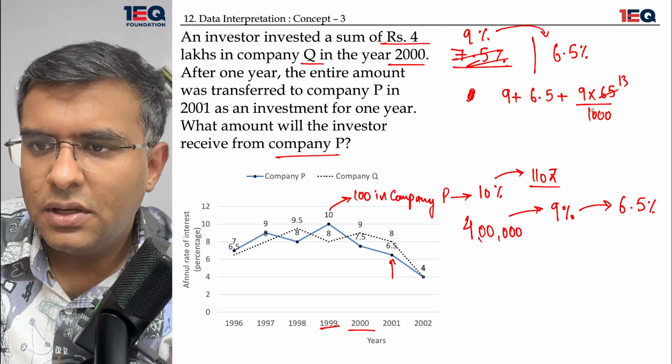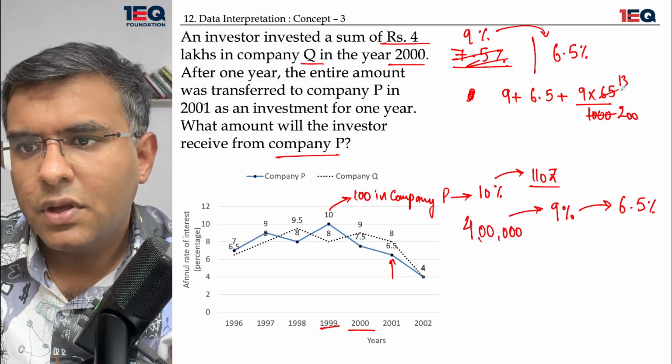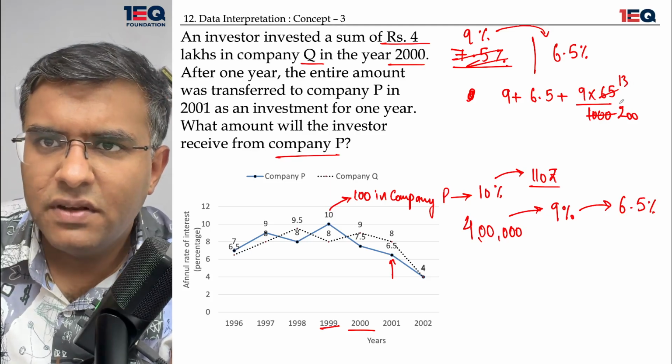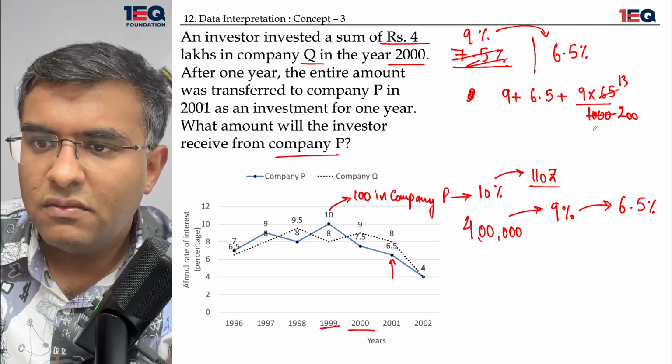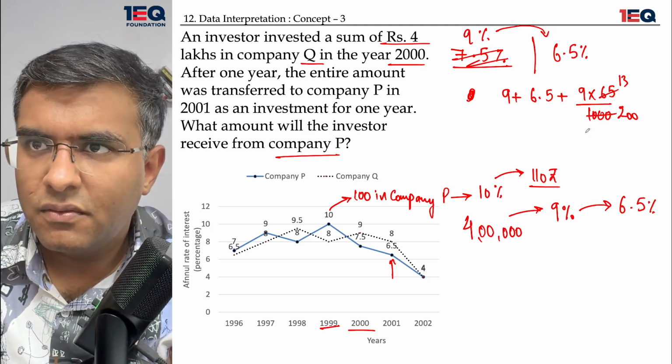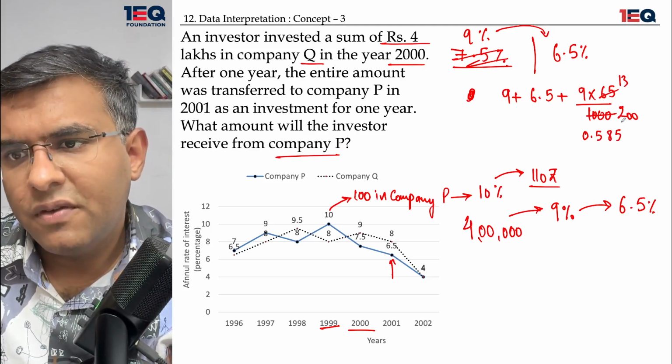This is 13 and this is 200. 13 nines are 117. 117 upon 2 is 58.5.